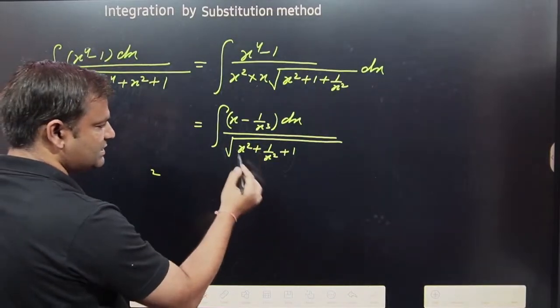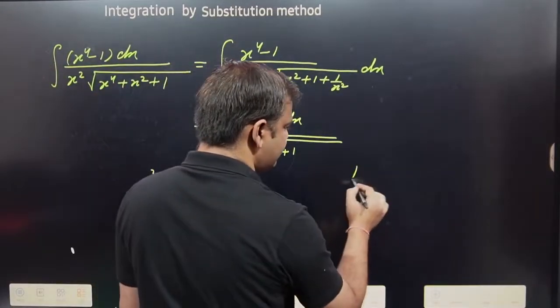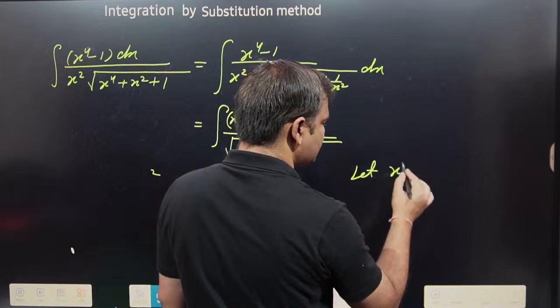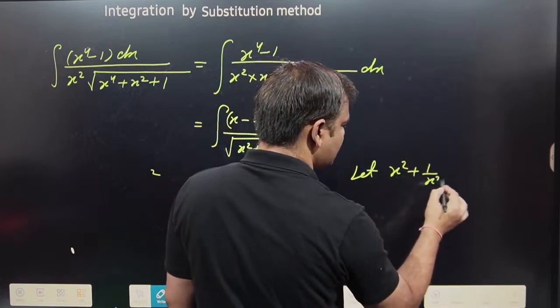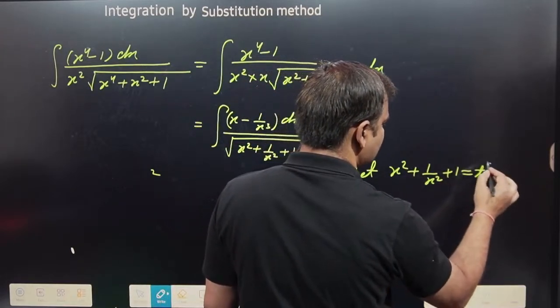Now let this be t: x square plus 1 by x square plus 1 equals t square.